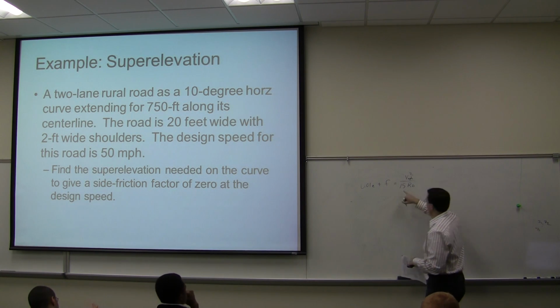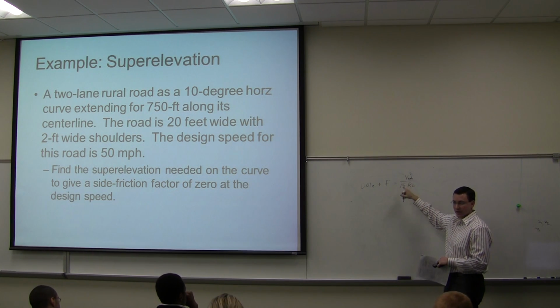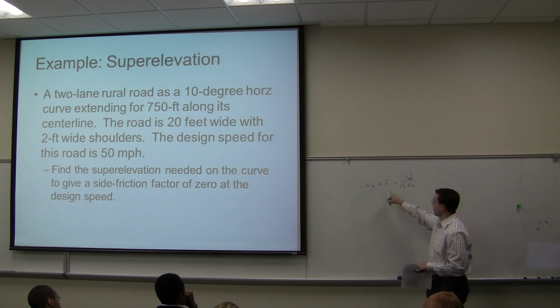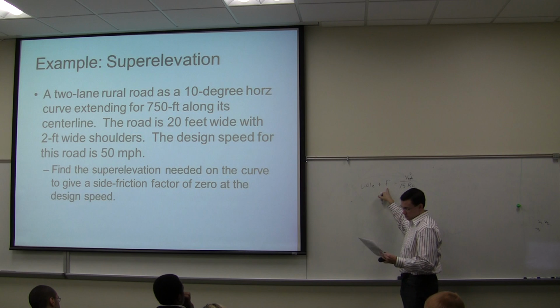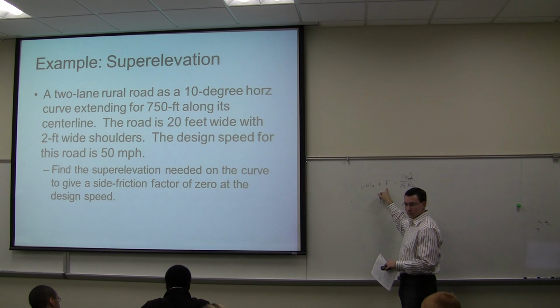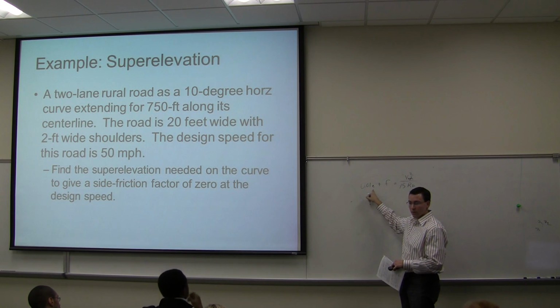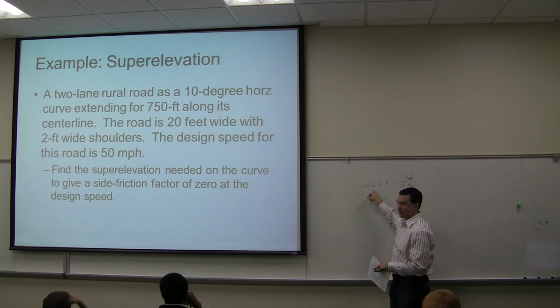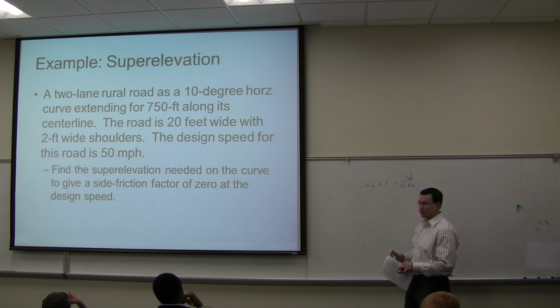Feet. So this 15 already has a conversion factor built in to go from miles per hour to feet. What is this value F? This is the friction factor. What are the units? None. What about E? What's that percentage? The only thing that's happening here is that you're taking an E in percentage and turning it into a decimal format.